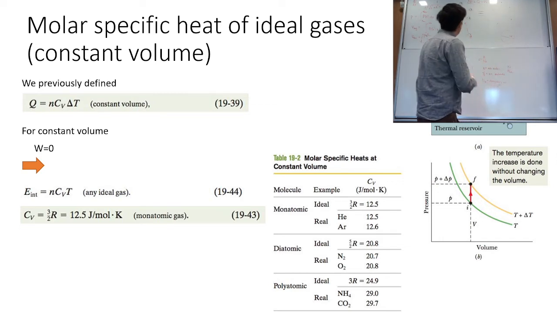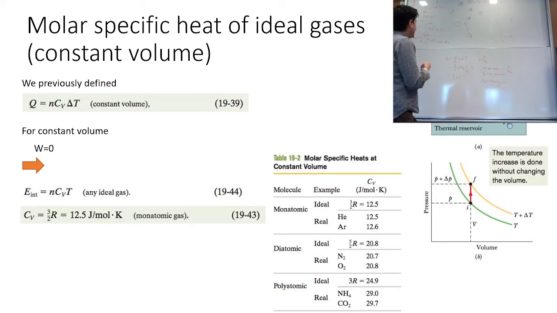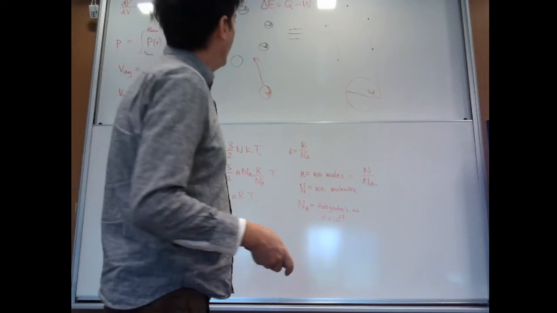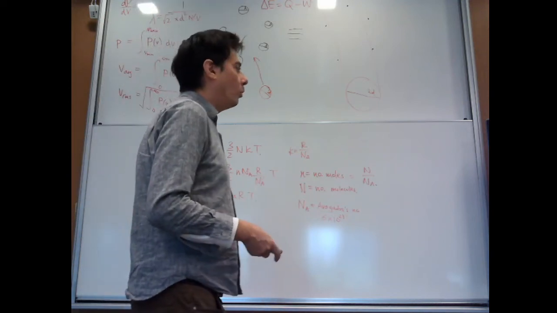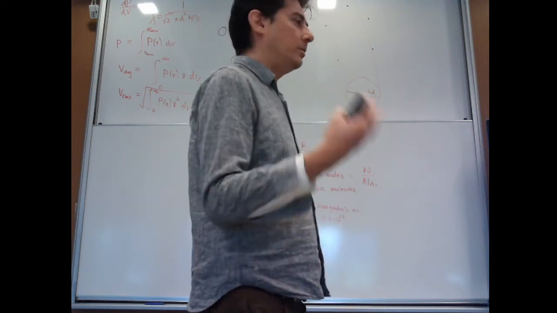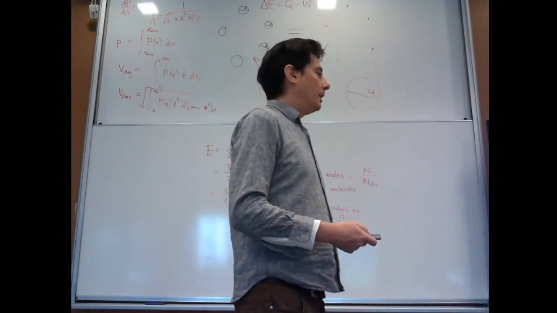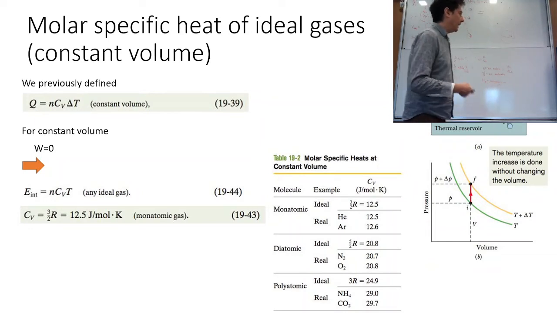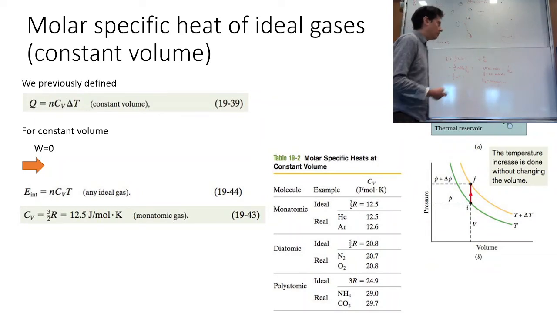We've got delta E, Q, and W, right? And for all different types of processes, we're going to look at constant volume processes, constant pressure processes, adiabatic processes, and so forth.